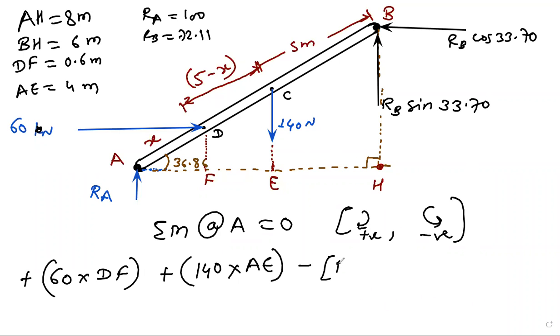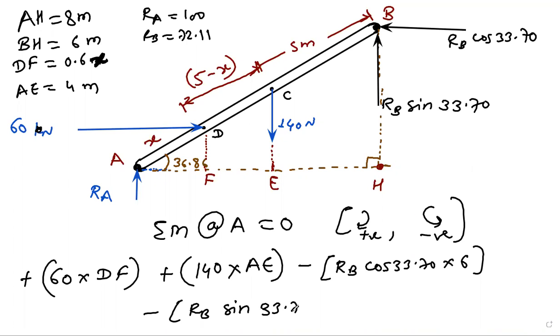RB cos of 33.70 into BH, 6, minus RB sin 33.70 into AH.